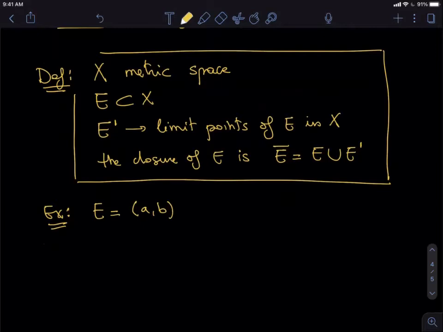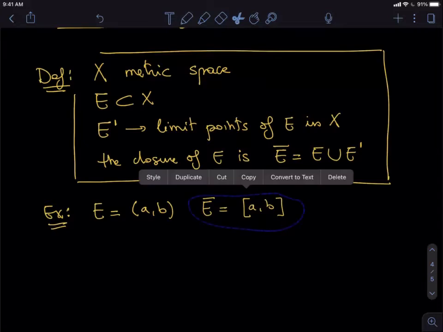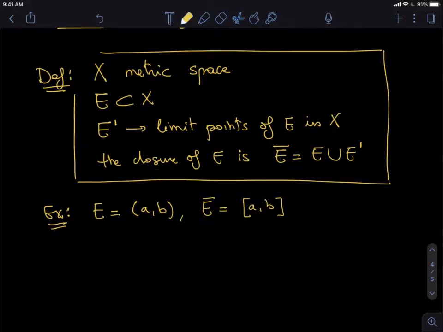The closure of this open interval is going to be the closed interval, because all the interior points are limit points, but also the endpoints are limit points, because we can have sequences of points going to the endpoints. So this is the definition of closure.